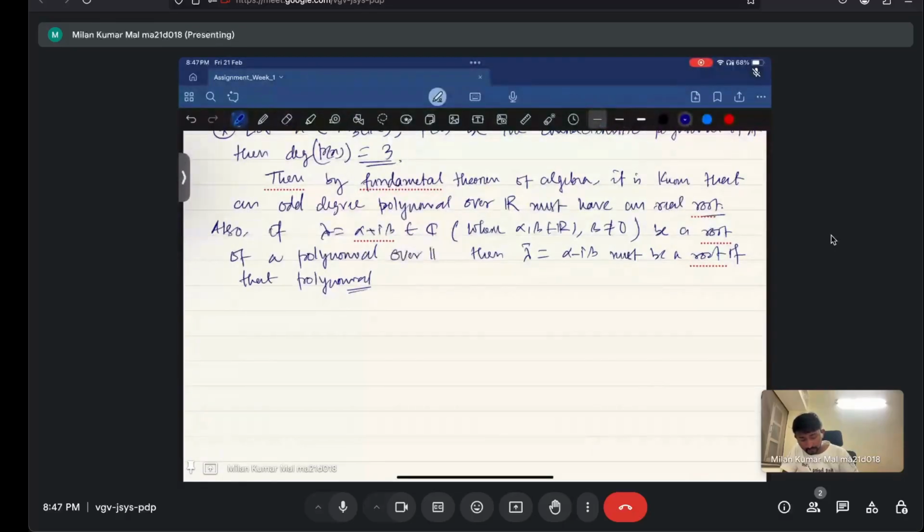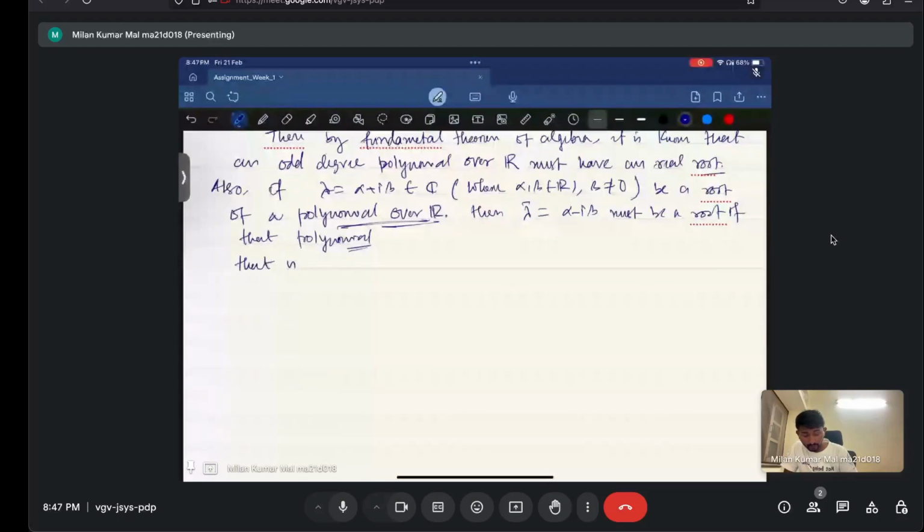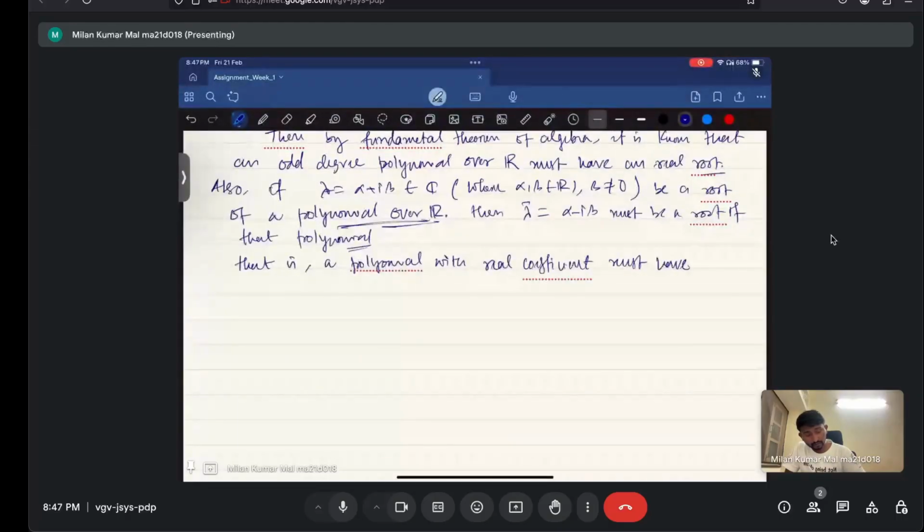That means a polynomial with real coefficients must have roots in pairs, alpha plus i beta and alpha minus i beta, when beta is not equal to 0.